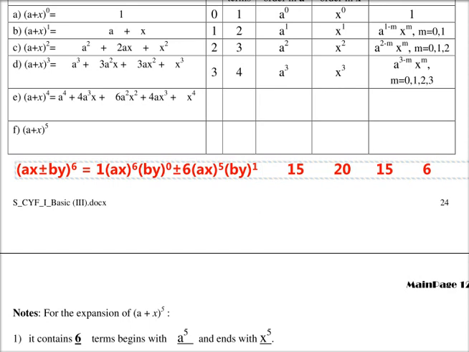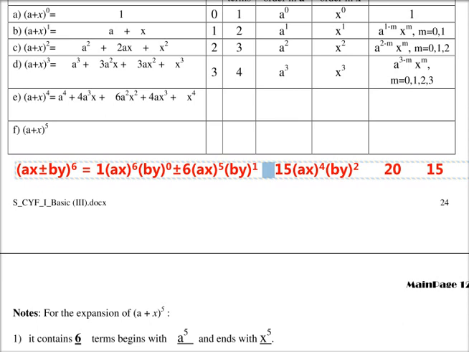How about the third one? You write it down. The next term should be ax to the power 4, and then by to the power what? Yes, 2. Thank you. The second term is to the power 2. No matter whether it's positive or negative, when we square it, it is positive only.